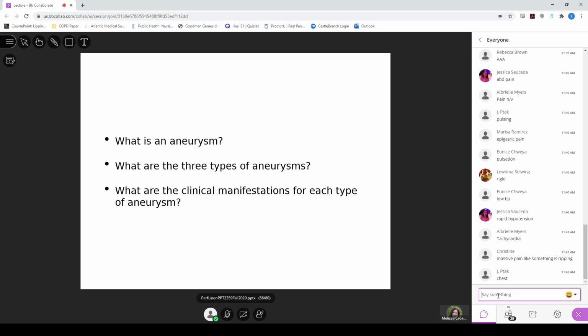So it's going to be a sudden, constant, excruciating pain in the chest or the back area. Then dissection is where you get the sensation of tearing or ripping. They'll have that sudden severe chest pain also. And then it can radiate to the neck and the lower back.